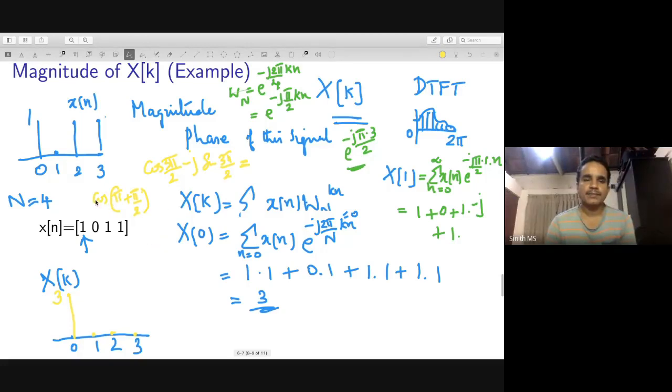These take negative values in the third quadrant, so you can find what these values are. If one of you gets the answer, you can unmute and tell.